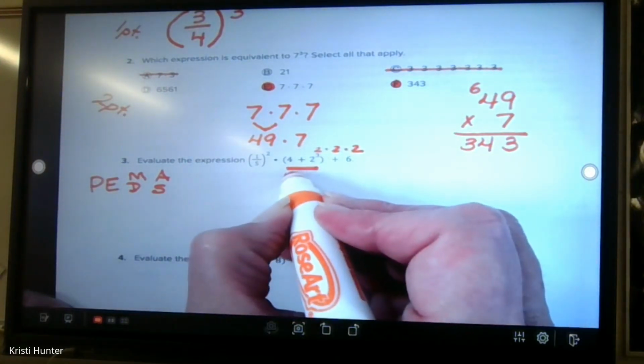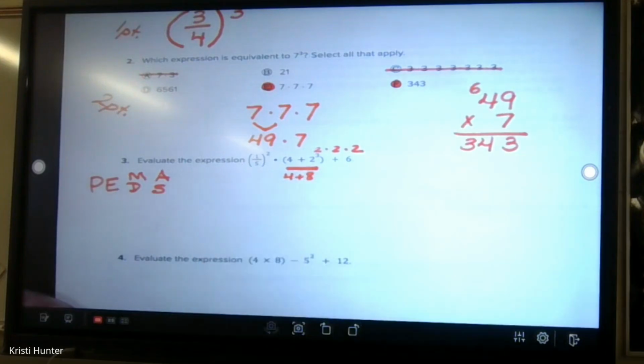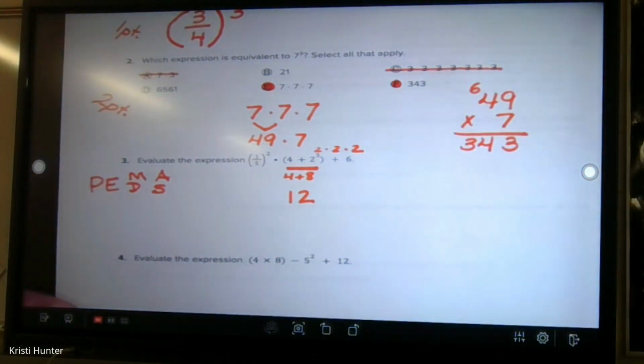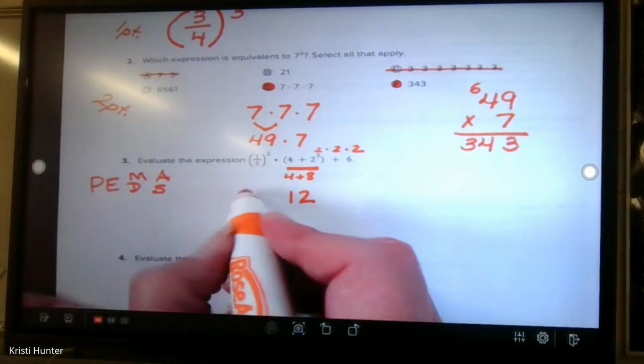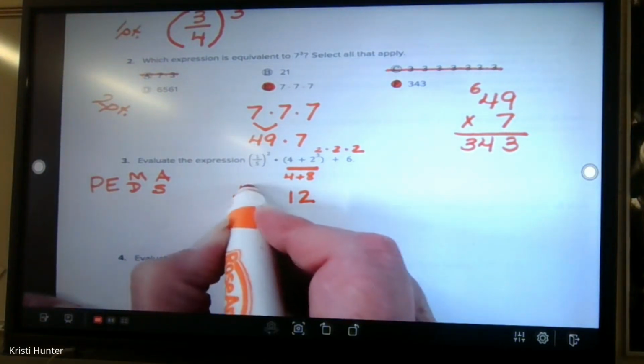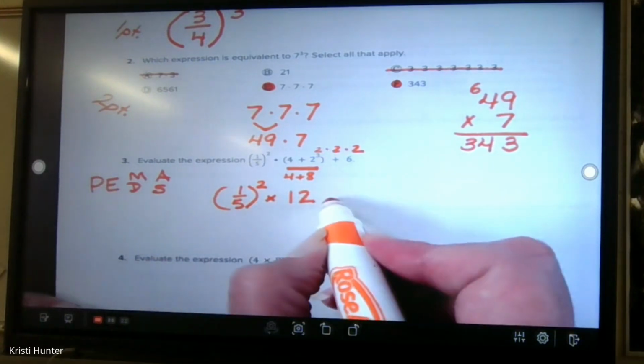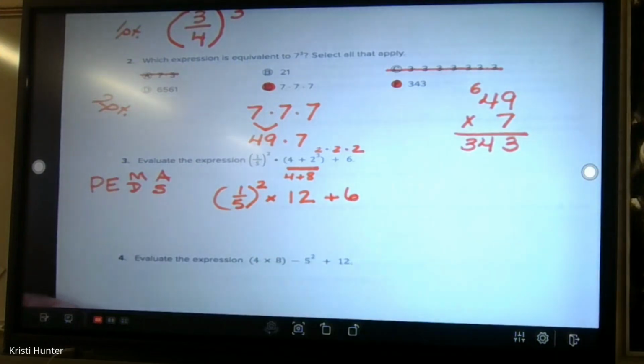So in this parentheses, it now says 4 plus 8, which I know is 12. So I'm going to replace everything in parentheses with the 12. And that means I have 1/5 squared. Remember, the dot means times 12 plus 6.